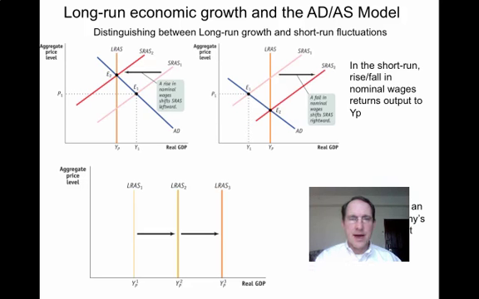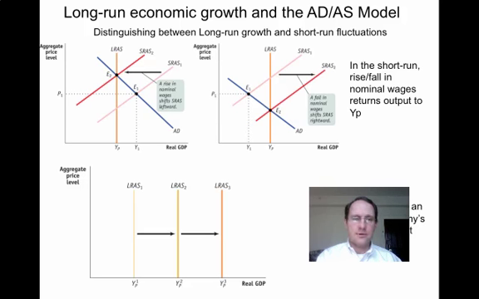So remember that if we get short run fluctuations either in short run aggregate supply or in aggregate demand, and this one happens to show just a rise and fall in nominal wages, it's that rise or fall in nominal wages that corrects for temporary recessionary or inflationary gaps, output gaps, so to the left or to the right of potential output. That rise or fall in nominal wages is what brings the economy back to that equilibrium in the long run aggregate supply and potential output.